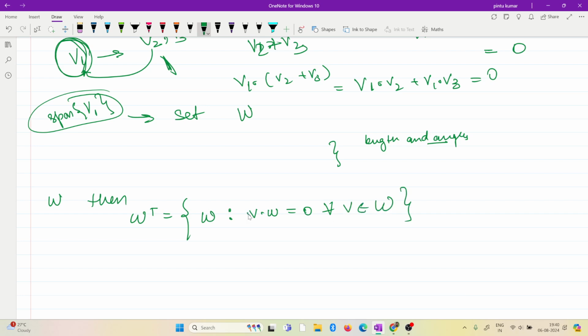I mean, you pick any element of this set W, then V dot W is 0. If such a thing happens, you keep it in W perp or W complement.